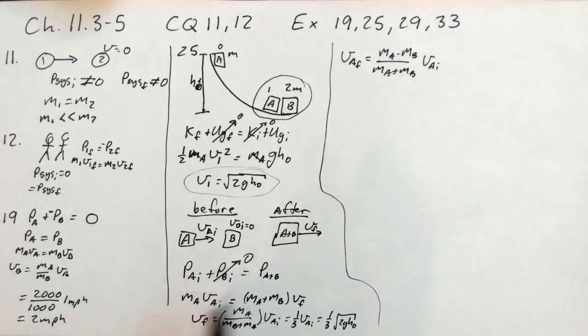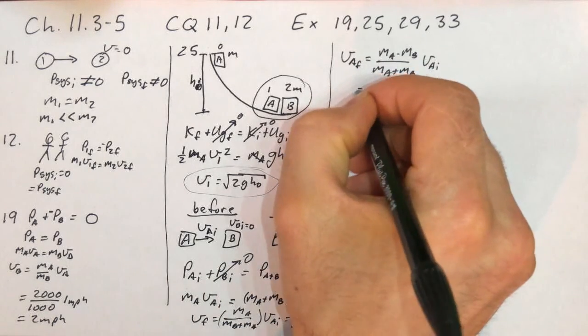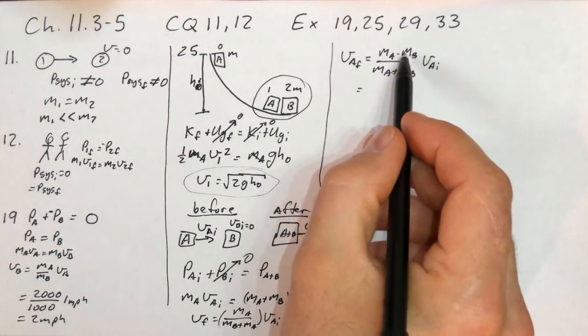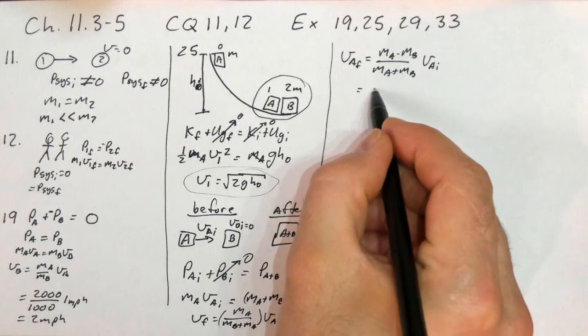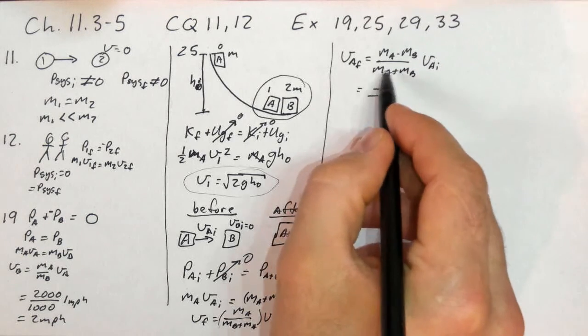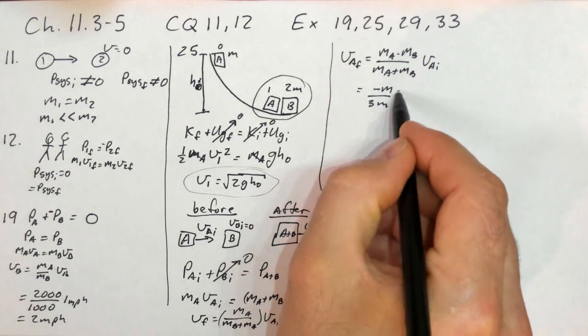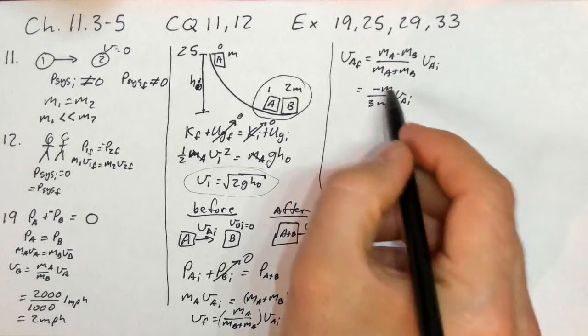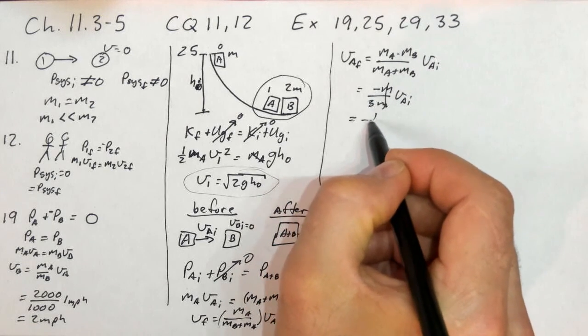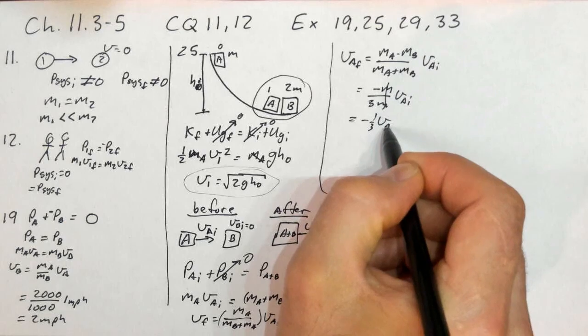Okay, that's what we had before. All right, now plugging in, we have M minus 2M gives us negative M. M plus 2M is 3M. Canceling that, that gives us a negative 1/3 VA initial.